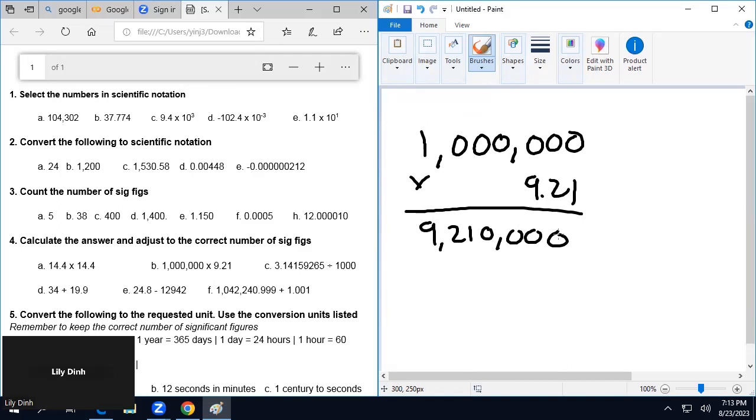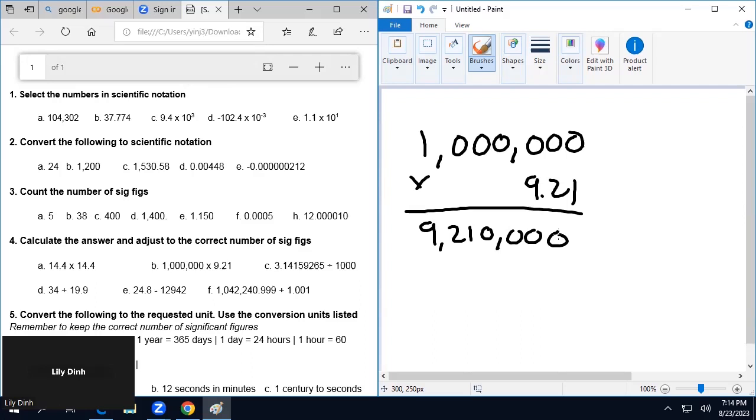So it's 9.21 million, 9,210,000. Oh, we're not converting it to scientific notation. Okay, then just 3 sig figs.